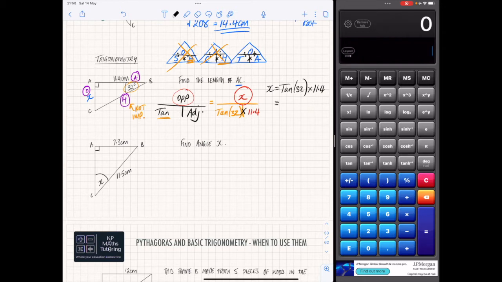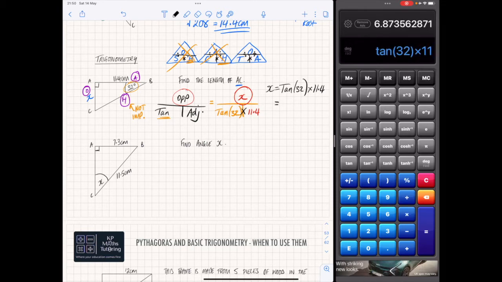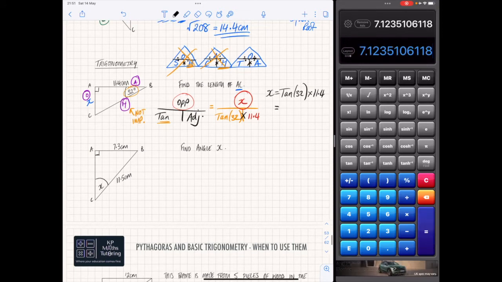If I do that on my calculator, I type in tan 32 times 11.4, and I get an answer of 7.12. So therefore my answer is 7.12 centimeters. Okay, so that would be your answer for this question.